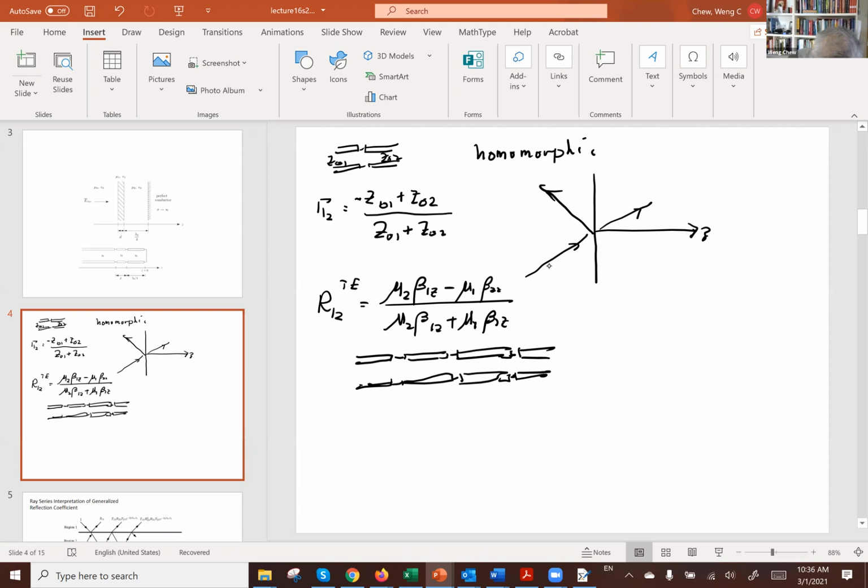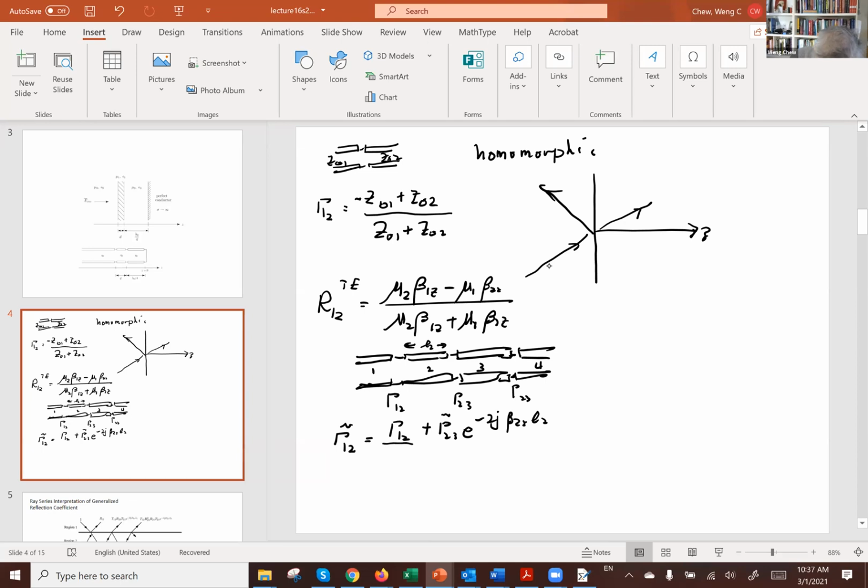So if you know the local reflection coefficient gamma 1,2, say this is 1, 2, 3, 4, and you know the local reflection coefficient at this junction, then you can build up the generalized reflection coefficient, which says that gamma 1,2 generalized at the 1,2 junction is equal to the local reflection coefficient gamma 1,2 plus gamma 2,3, where gamma 2,3 is the generalized reflection coefficient at the second junction, times something like e to the 2j beta 2z L2. Let's assume that the second line has a length of L2.